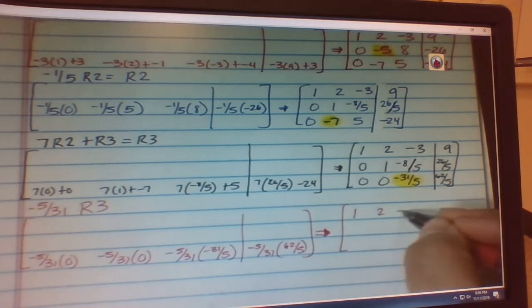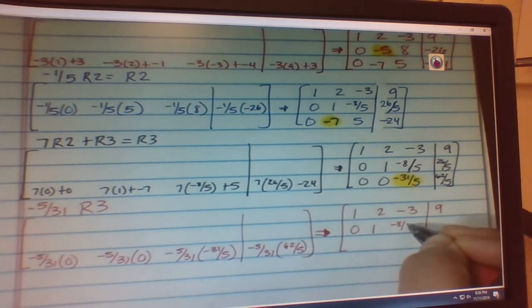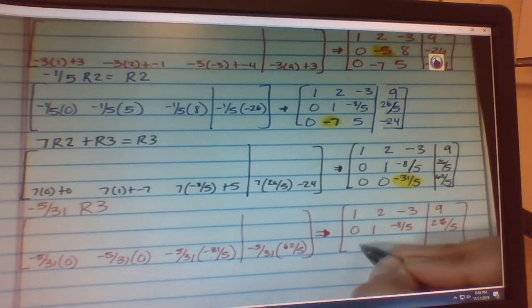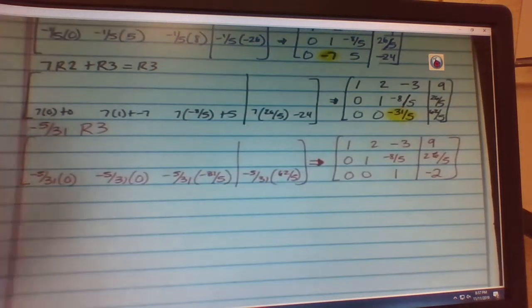One, two, -3, and 9. 0, 1, -8 over 5. And what does this become? A -2. So after that, it should not be bad for you to find out who your x and y are.